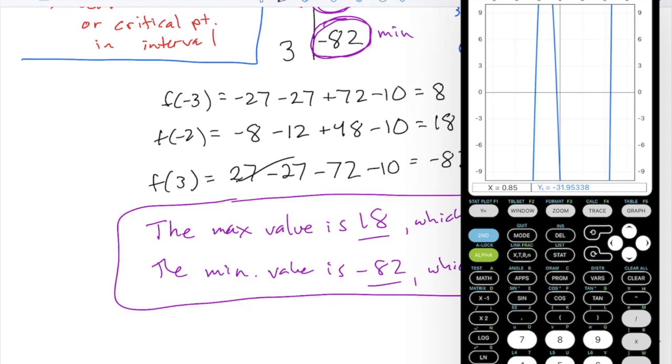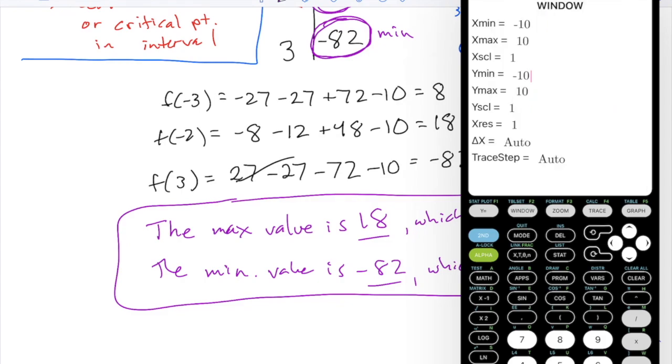This isn't showing me that much. So what I like to do is set this window to be the window I was looking at. If I only care about from negative 3 to 3, why not set it at negative 3 to 3 so you're not distracted by anything that occurs outside of there?